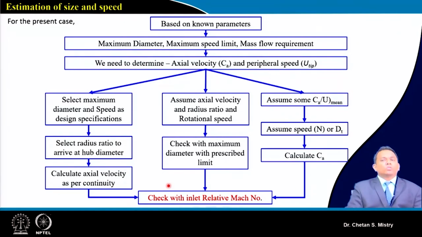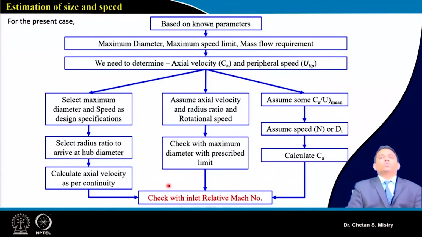Now in order to do the calculation, different velocity components are of our interest. Maybe we are interested in calculation of axial velocity, peripheral velocity, relative velocity, and also the absolute velocity component.